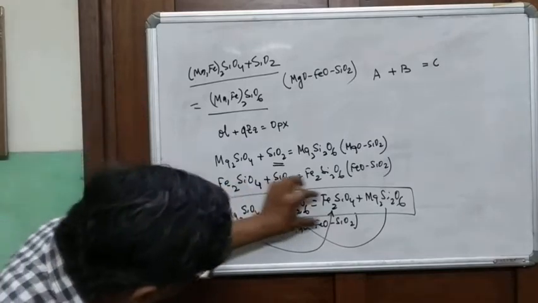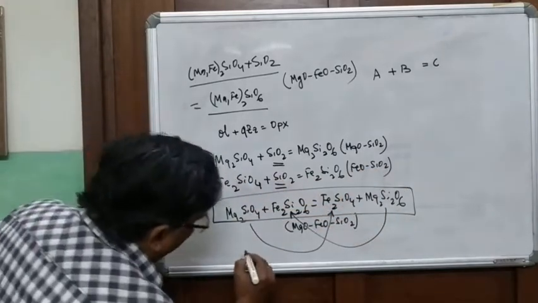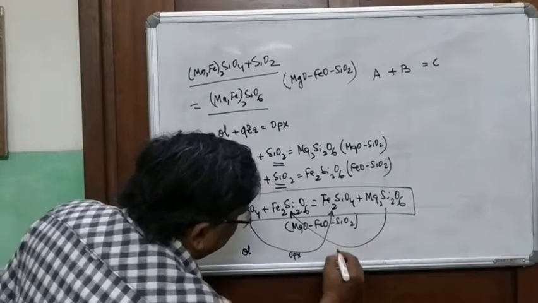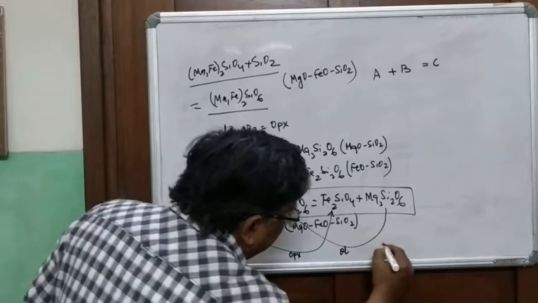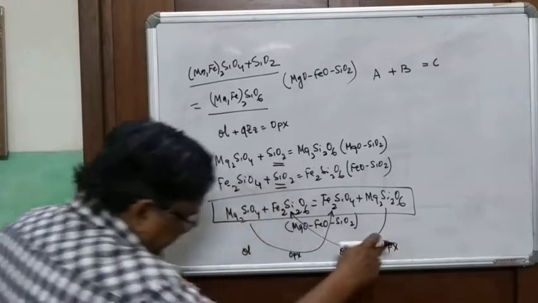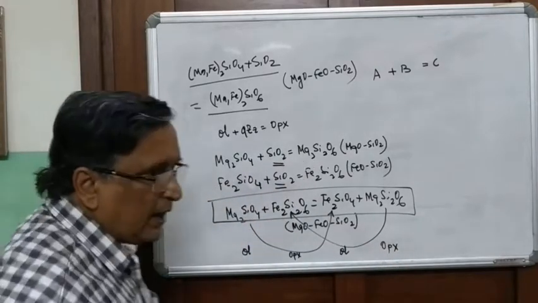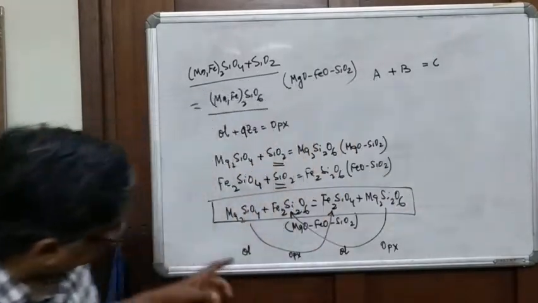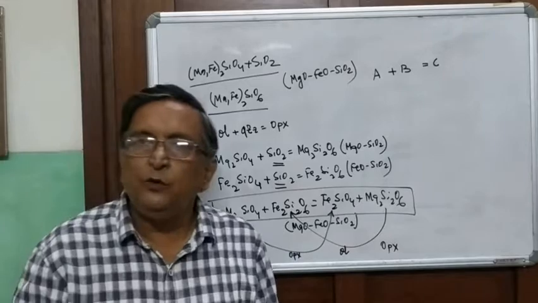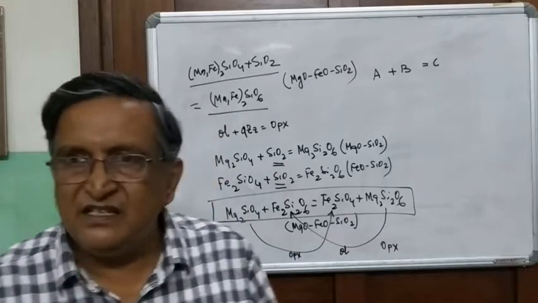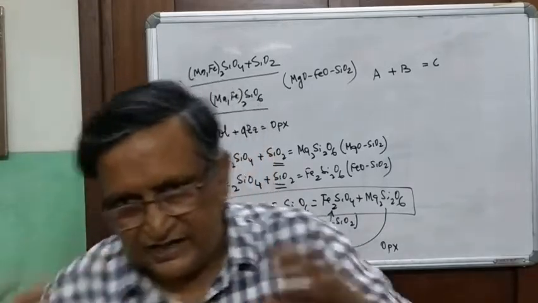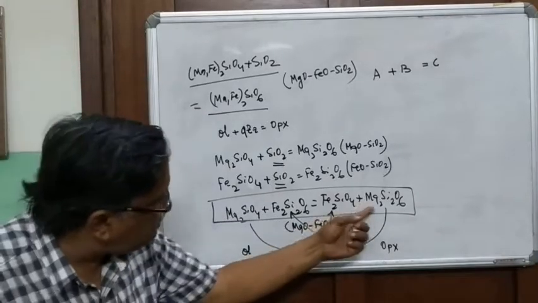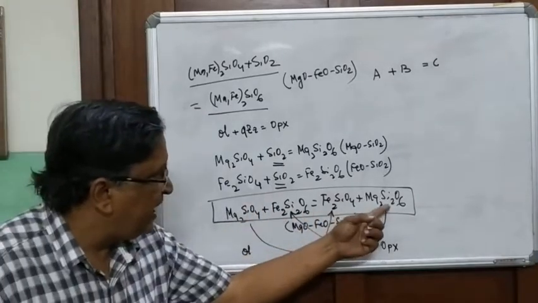But in this one, you have olivine here, orthopyroxene here, the olivine component again, and the orthopyroxene component again. So this is a particular type of reaction, of great importance, in which the phases occur on both sides. It's essentially the same phase, only the components are different.